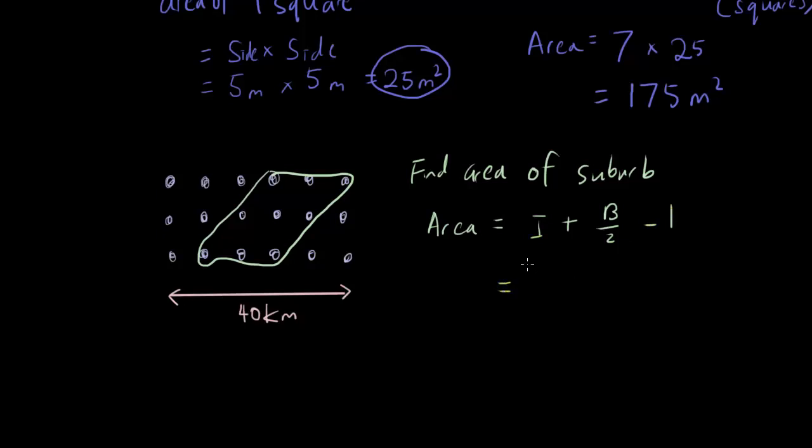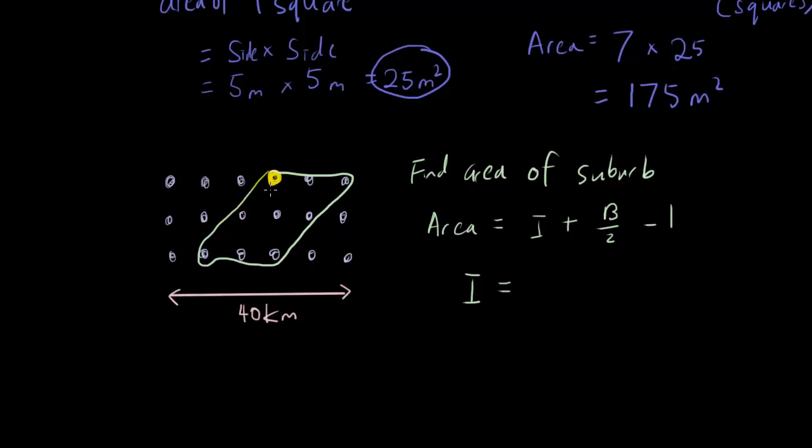So I is the number of dots inside the shape. Now, before we do all of this, I probably should have already redrawn this shape to make it straight and go through the dots.